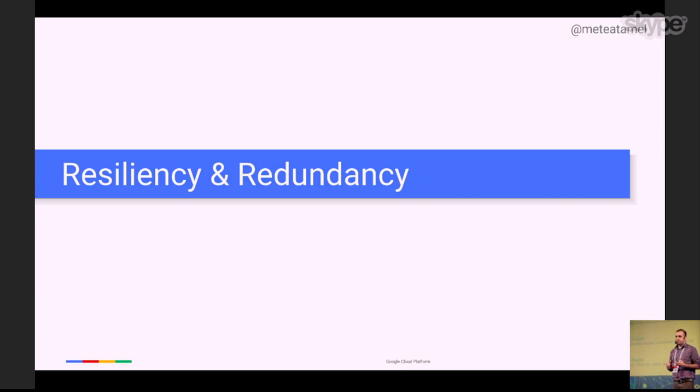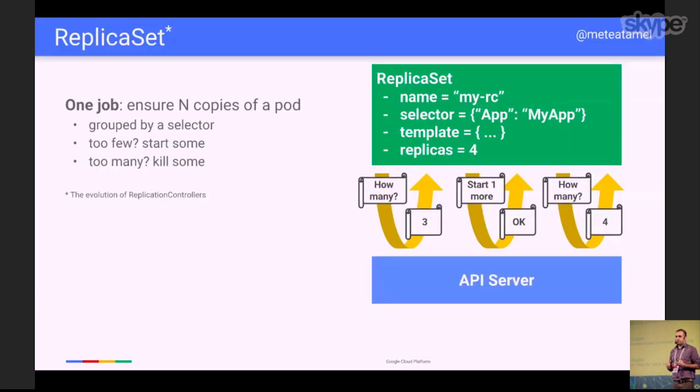Okay? So the first thing I want to talk about is replica set. As I mentioned, when you create a deployment, you get a replica set. And a replica set is kind of like a big brother watching your container. So you tell replica set what you want to be true, and it makes sure that what you said is always true.